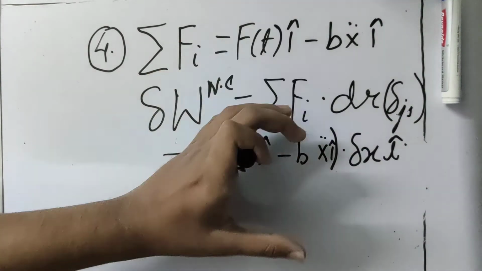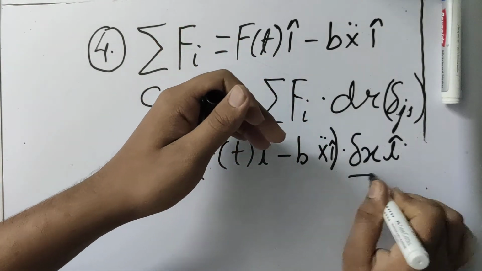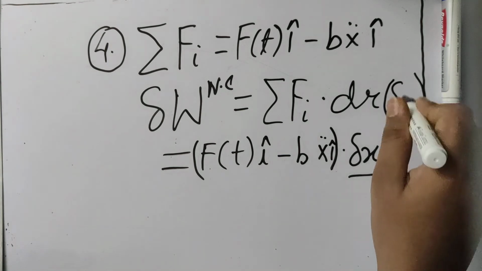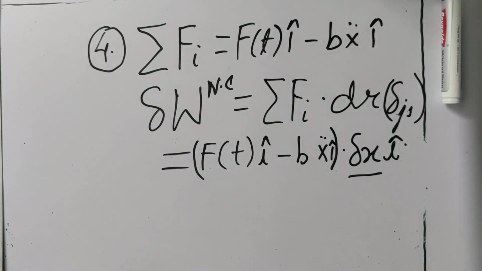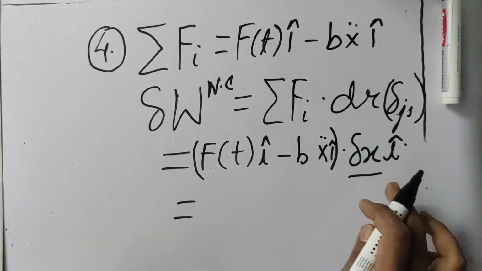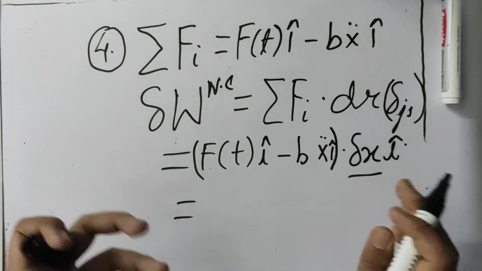Basically the system is moving up and down, so some small displacement dr will be along this x direction, and the variation of that is our dr, and that is along I cap, I hat, anything you say. So this is equal to, now you do the dot product, I dot I, it's f of t simply into del x minus bx double dot I dot I, again the same thing.